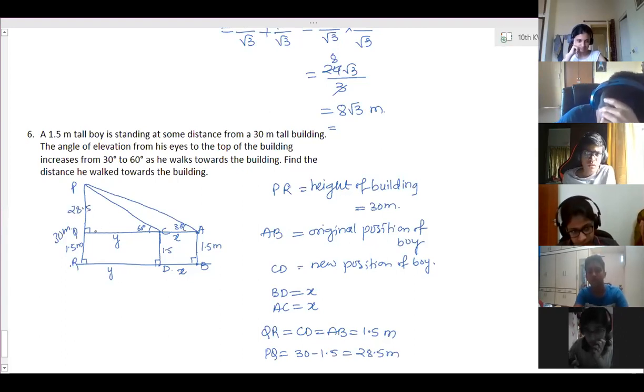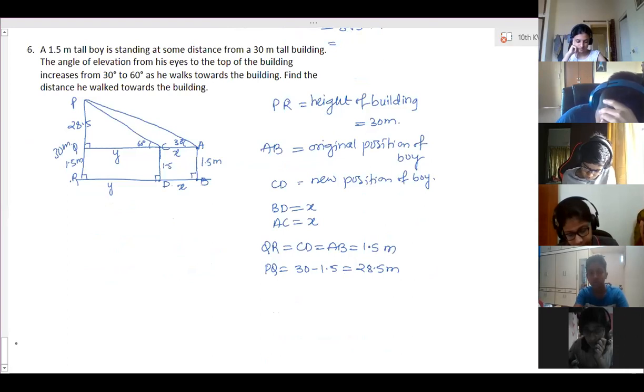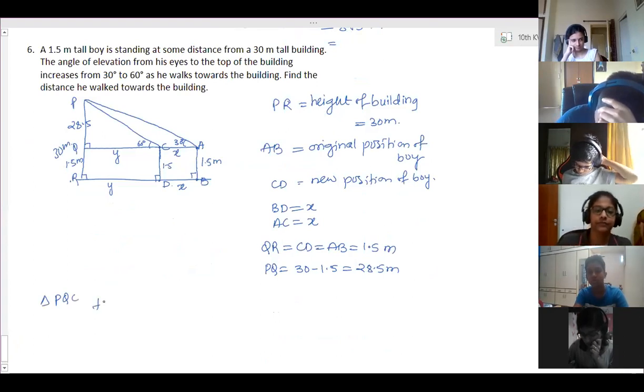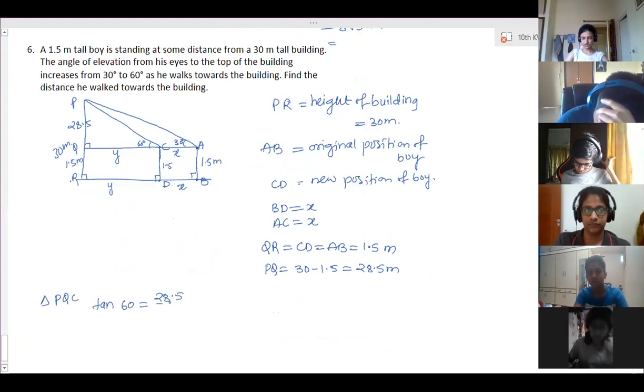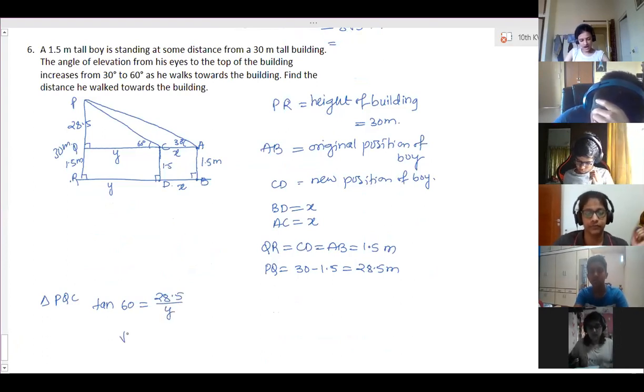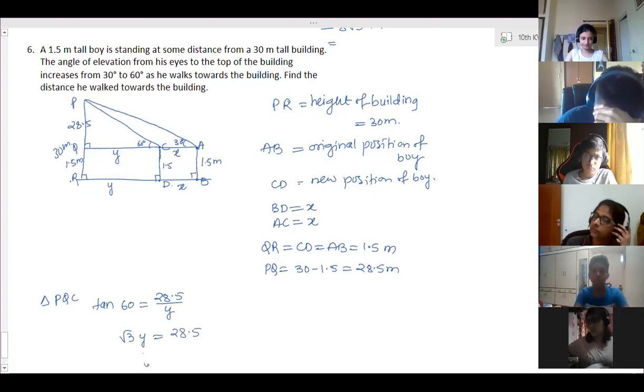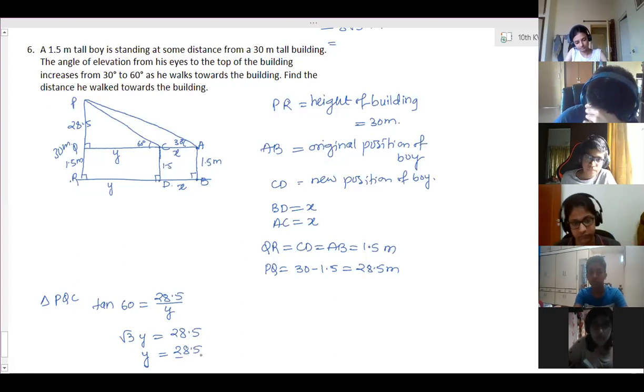Now use trigonometric ratios for finding y and x distance. Actually, we have to calculate x distance. First in triangle PQC, tan 60 is equal to 28.5 by y. Root 3 y is equal to 28.5, so y is equal to 28.5 by root 3.